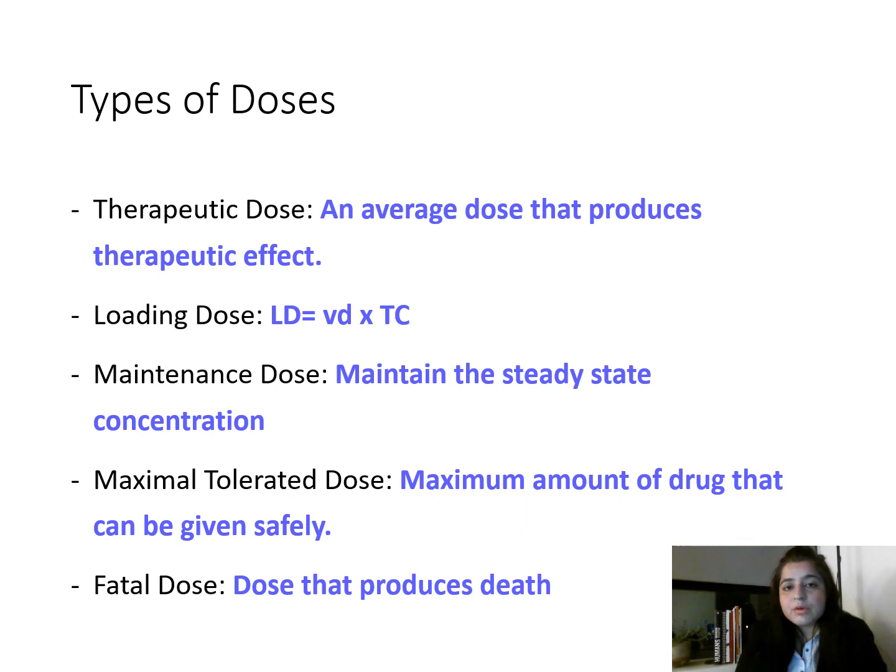And the fatal dose is that amount of a drug which, when introduced in our body, produces such extensive adverse effects that it could be lethal and cause death for a living being.